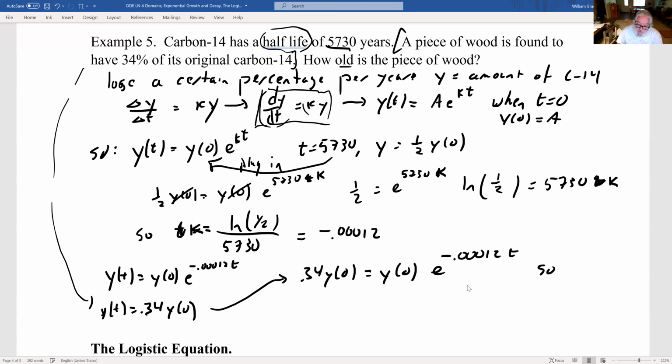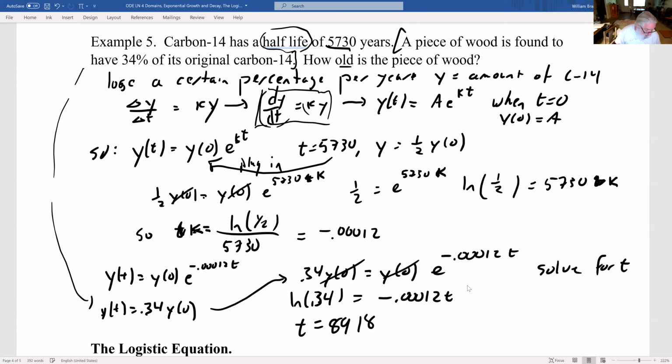And we solve for t. And everything's done in percentages, right? So we can get rid of the y0s. We get log of 0.34 equals minus 0.00012 t, because when I take the log of this side, we just get the exponent there. And so t equals, if we solve that, 8918, about 9,000 years.